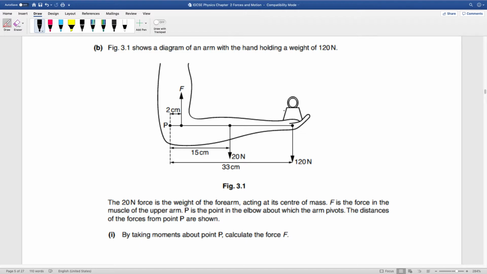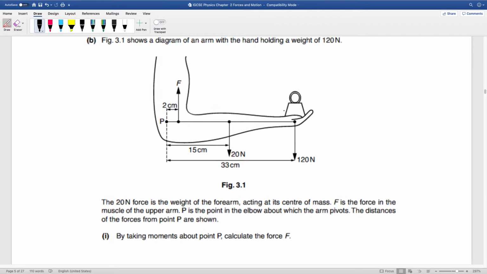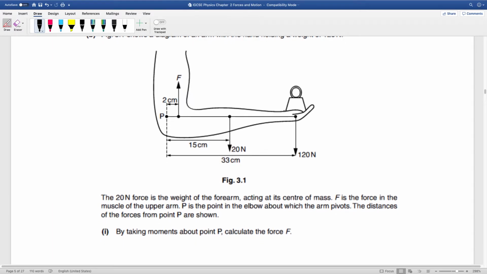Bicep. Do you see, very large. You know this guy goes to the gym.